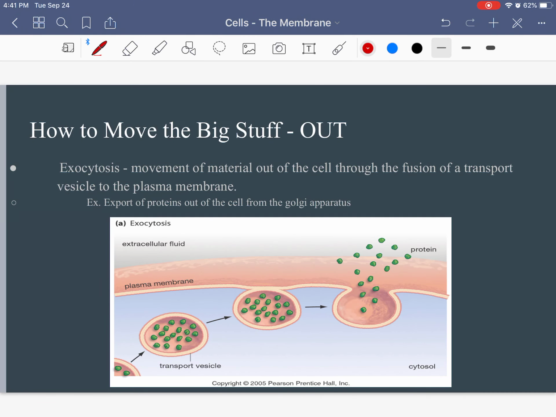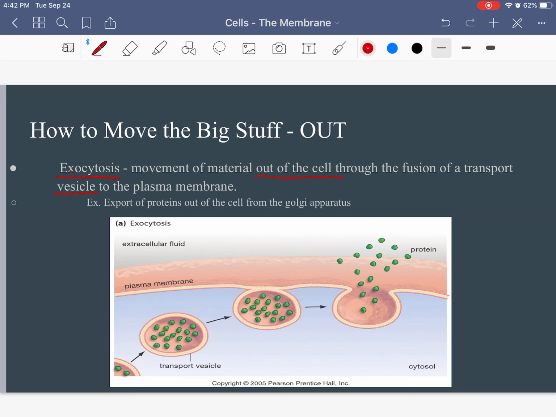All right, so we've talked about how we move ions, how we move materials, but some materials can't even go through a protein channel. Some materials have to be brought into the cell in other ways. Exocytosis is the movement of materials out of the cell through a vesicle. So we might have inside the cell old cell parts, old cell waste that we want to get rid of. Maybe we're wanting to release a bunch of proteins so that they can be moved to a different portion of a system.